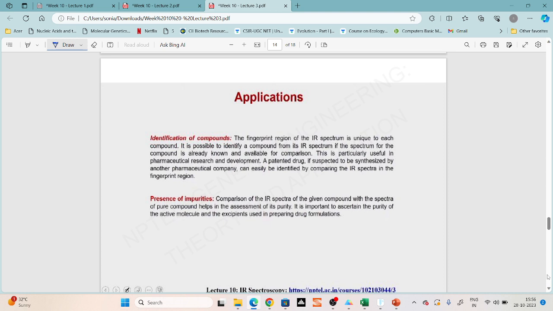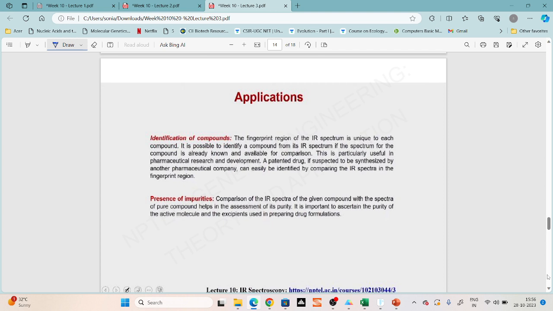A patented drug, if suspected to be synthesized by another pharmaceutical company, can easily be identified by comparing the infrared spectra in the fingerprint region. So each compound will have a unique infrared spectrum, and that spectrum would be different for each and every compound. That is what is important, and that is how you can differentiate between the two.